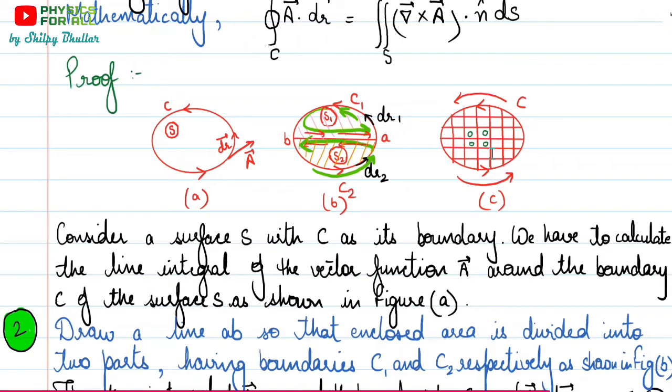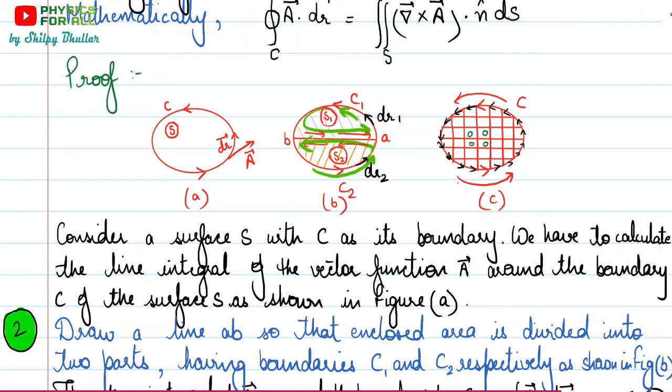Now, since it's been divided into a large number of small surfaces, we are getting different curves. This is one curve, then two, 3, 4, 5, 6, and so on up to 18.